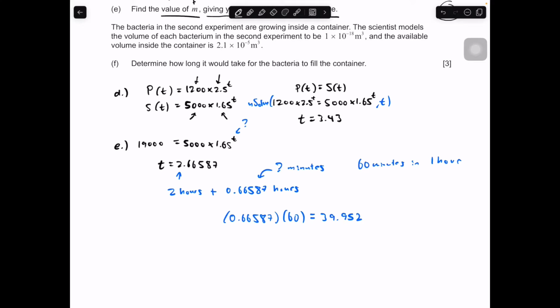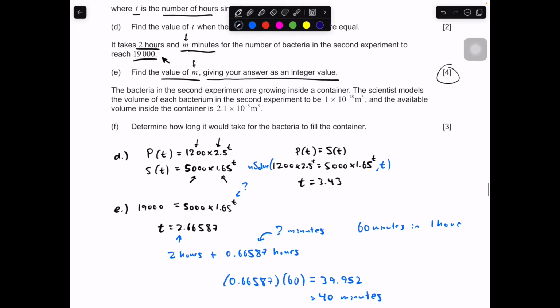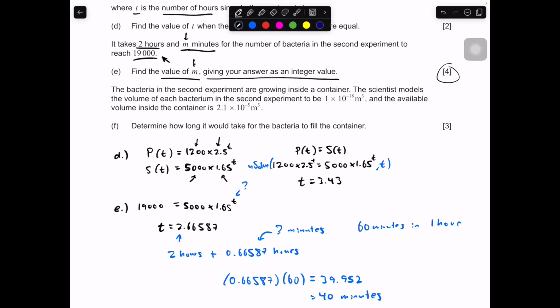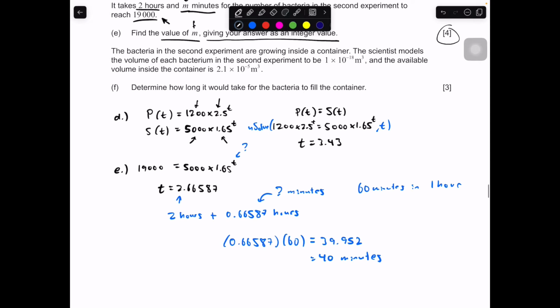As an integer value, at 39 minutes it hasn't yet quite reached 19,000. It's not until we've reached 40 minutes, 2 hours and 40 minutes, that we have 19,000 bacteria. Okay, kind of generous, I think, at least potentially.